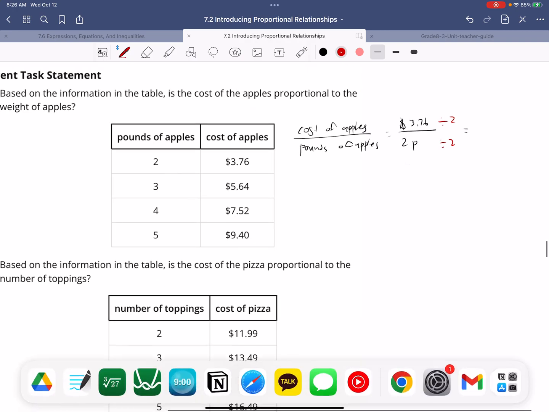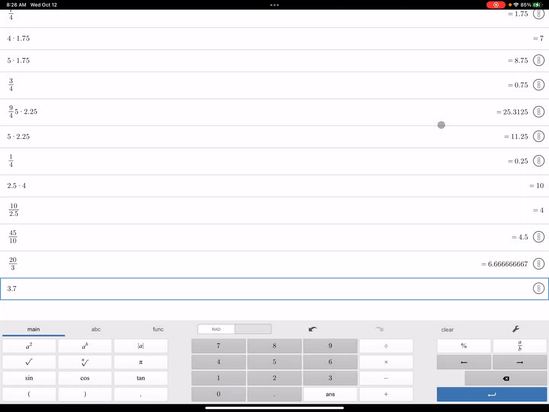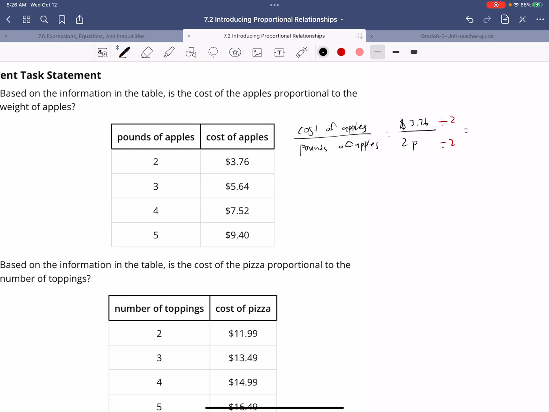I'm going to use the calculator here. 376 divided by 2 is going to be 188. So that's 188 per 1 pound of apples. A pound costs about $1.88.